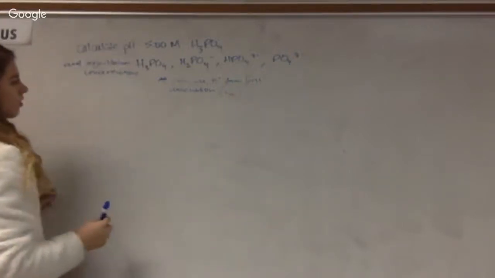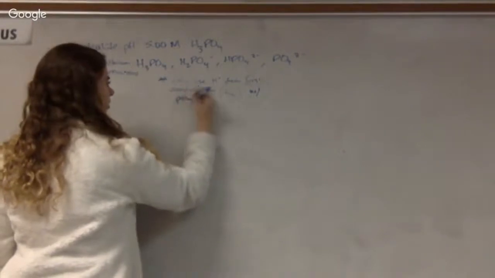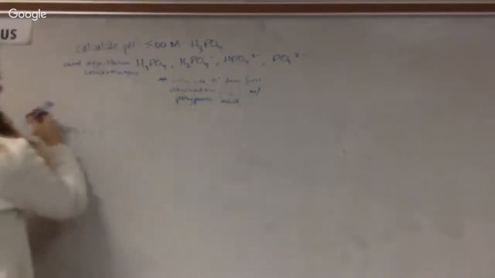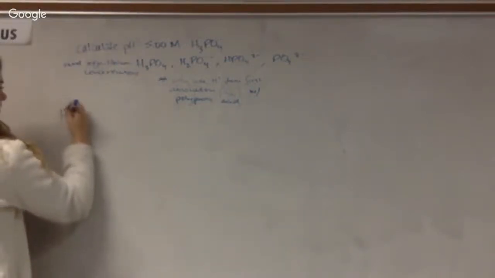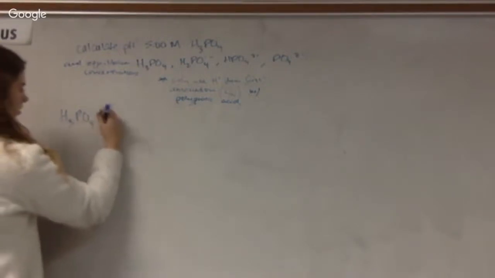Now let's do this together. And by the way, just so you have the Ka values, let's write all the dissociation equations right on the side here. You should probably write them on your paper as well.